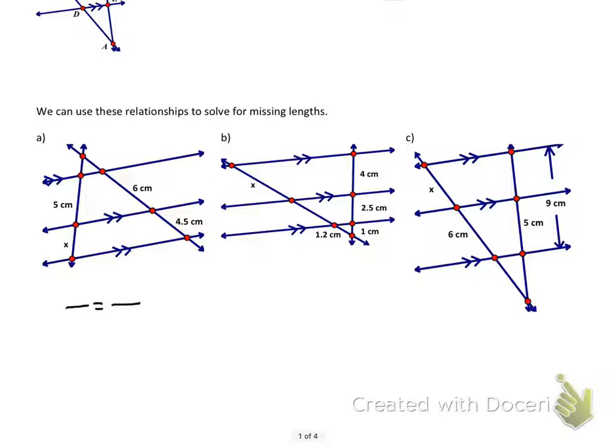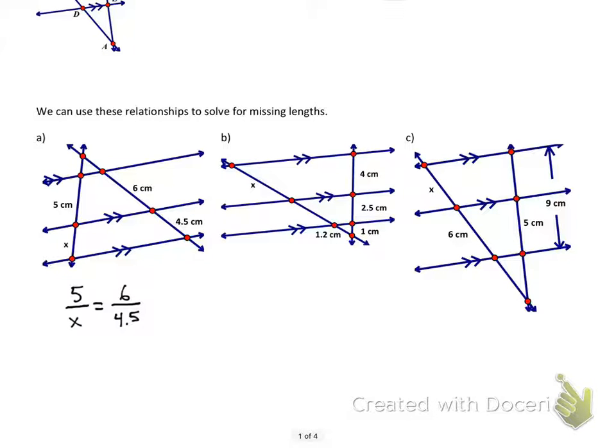All right. Yeah, go ahead. Is it 5 over x? Yeah, let's start with 5 over x. That works. 5 over x would equal what? 6 over 4.5. And I told you there are 8 different ways of setting this up. So that's not the only way.